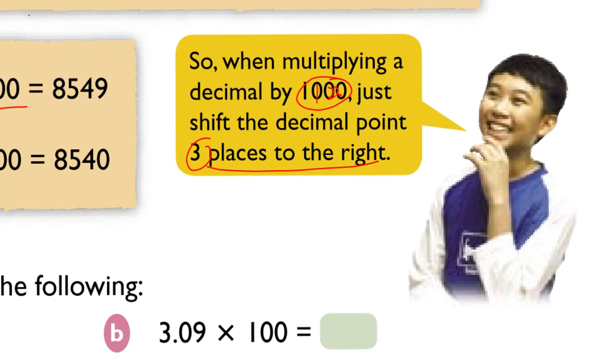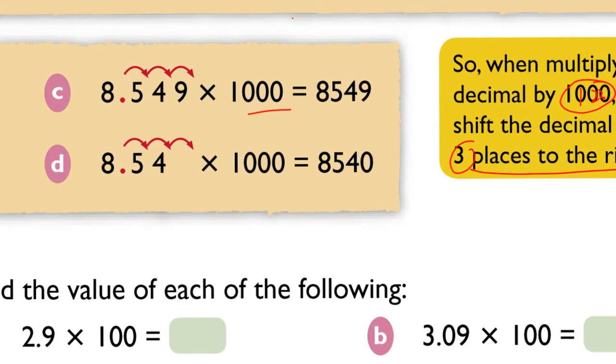Let's look at the example here. 8.549 multiplied by 1000, you move 1, 2, 3 places, so you get 8549. The next one, 8.54 times 1000, you need to move 3 places to the right. And again, what do you put in the blank here? You put a 0. So the answer is 8540.